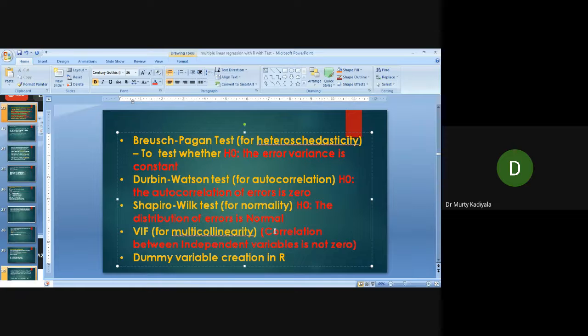It will not contribute any new information, isn't it? Yes, sir. If a variable does not contribute any new or extra information in the regression model, when there are many variables, don't you drop such a useless variable from the regression model?